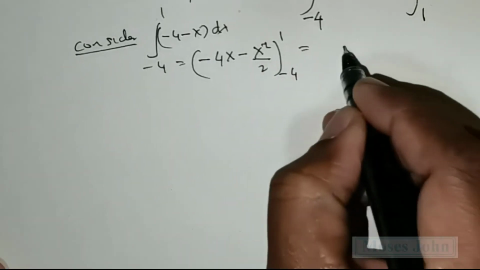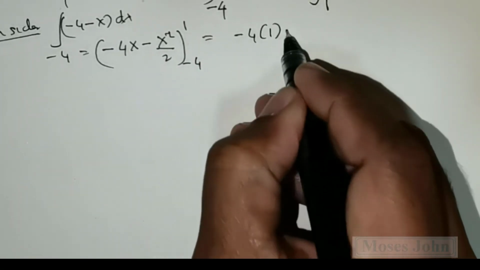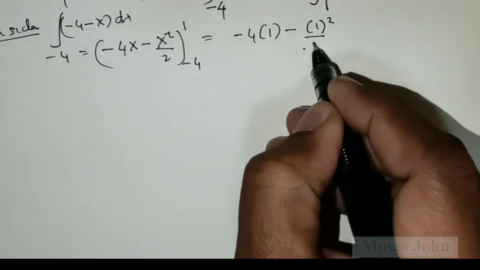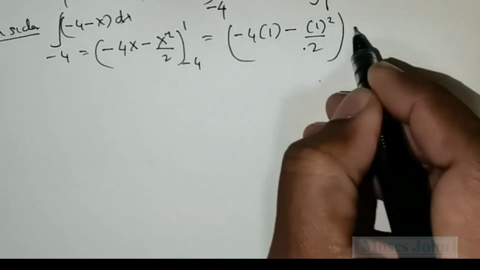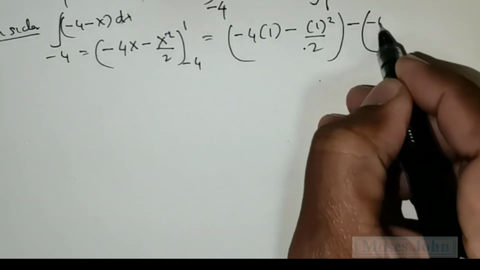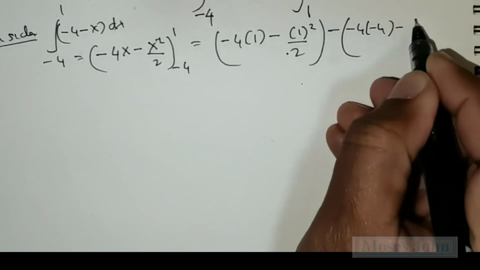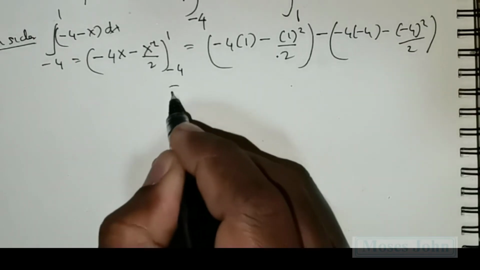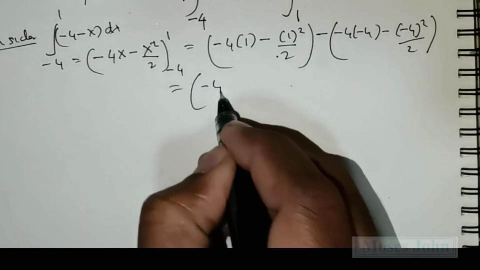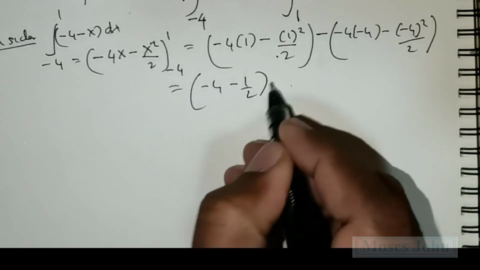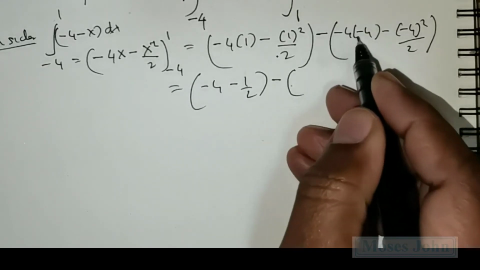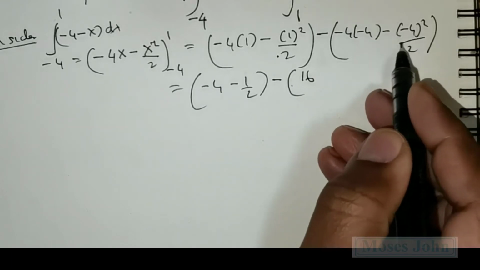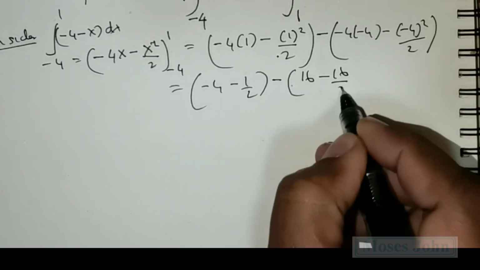So you substitute the upper limit, you get −4(1) − 1²/2, followed by the lower limit, −4(−4) − (−4)²/2. So this is equal to −4 − 1/2, and negative times negative is positive, 4 times 4 is 16, with a negative sign, 16 divided by 2.